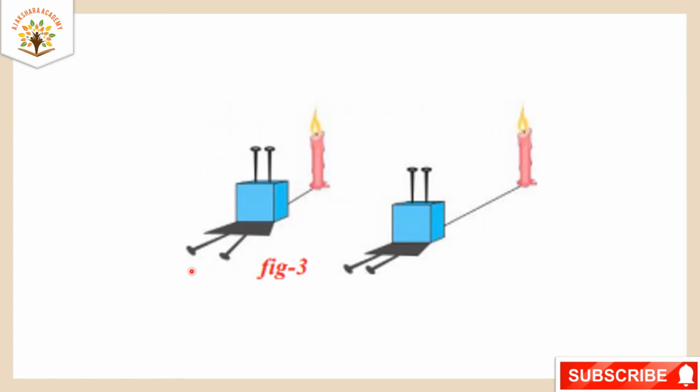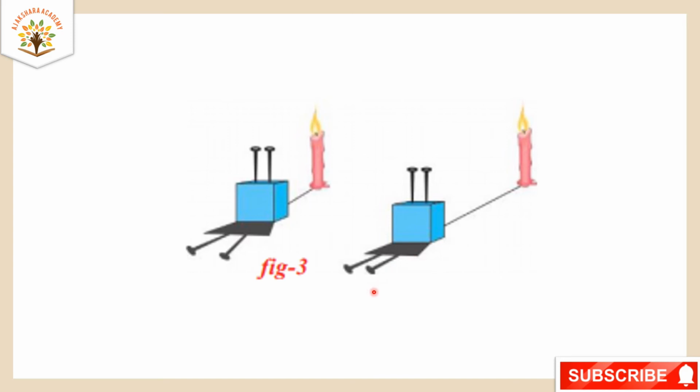Then the shadows of the two pins look like they diverge. In the second case, we place the source very far from the thermocol, and in this situation the shadows are parallel. Whenever the source is far away, the rays are parallel and the shadows are parallel.